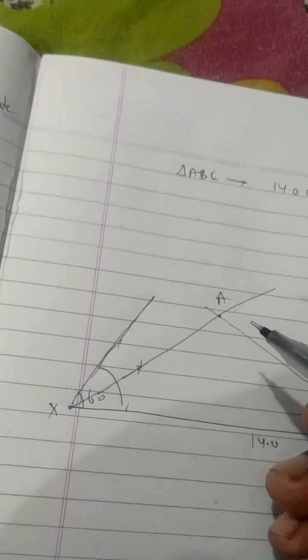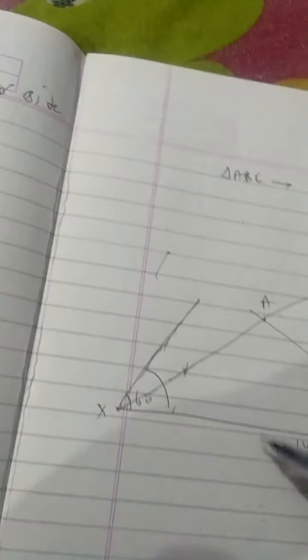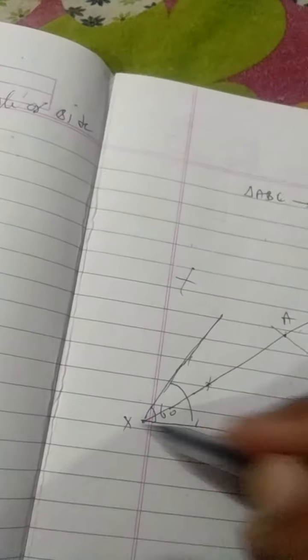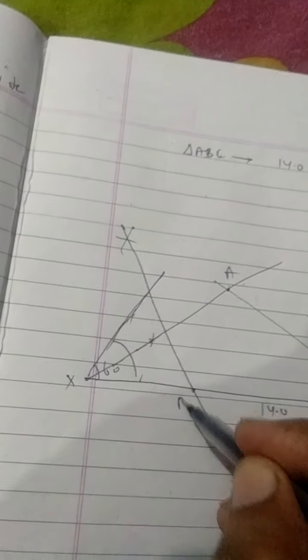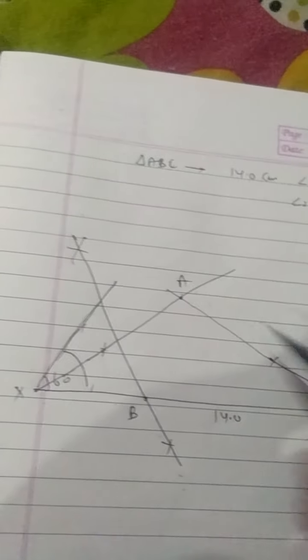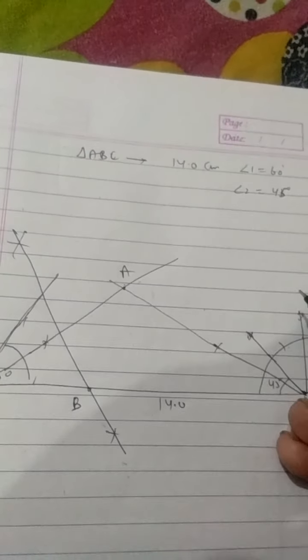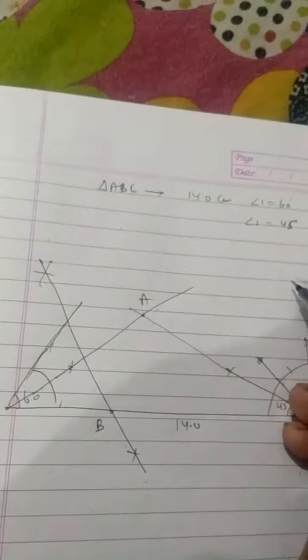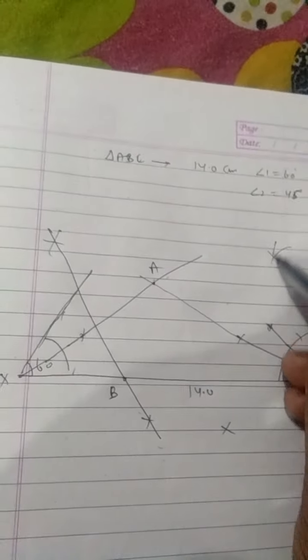Then we draw perpendicular bisector of AX, both angles, both arc and join it, given a point name B. Again we will make the perpendicular bisector of YA, so perpendicular bisector of this and this, join this.